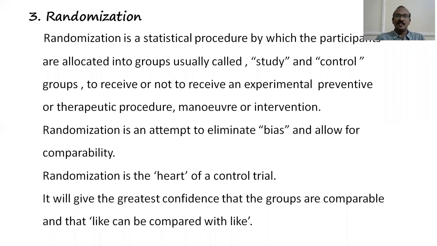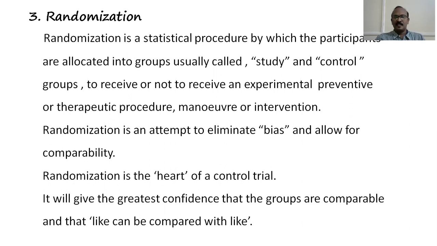It helps to divide the experimental population or the study population into experimental and control group. This is usually done with the help of a random number table, which is usually found in books of statistics. And randomization is an attempt to eliminate bias and allow comparability.